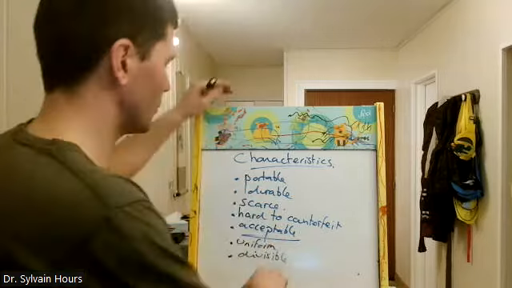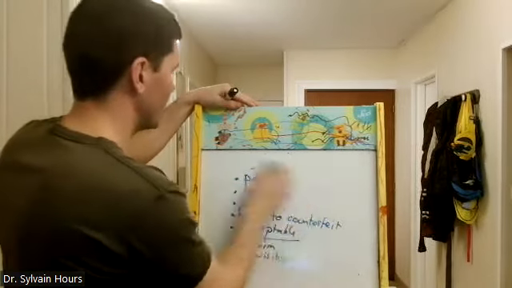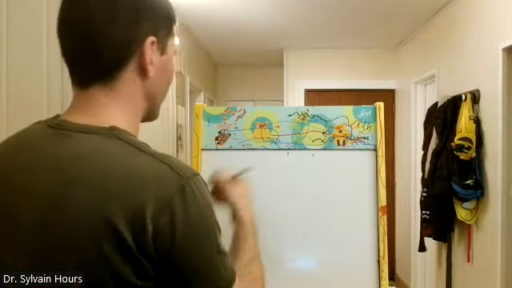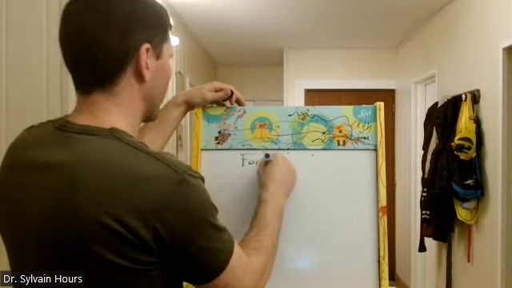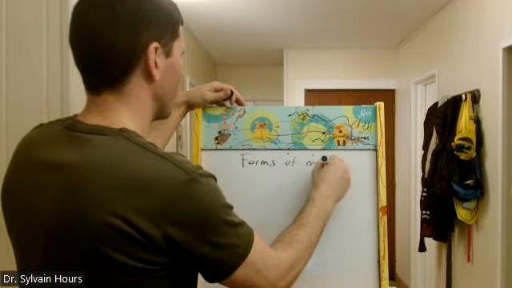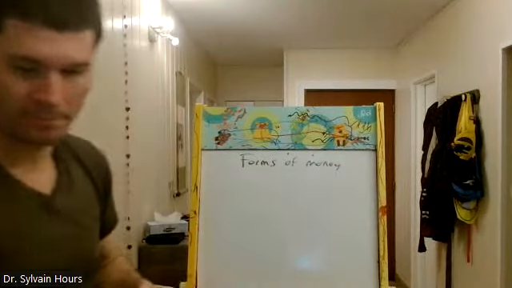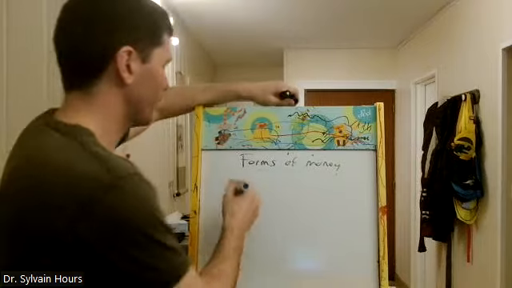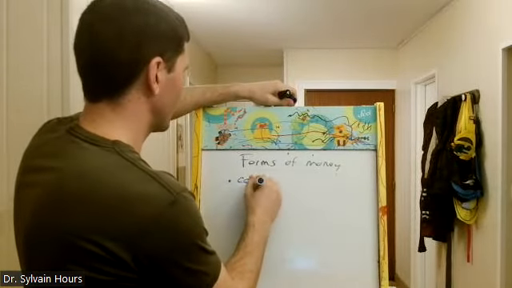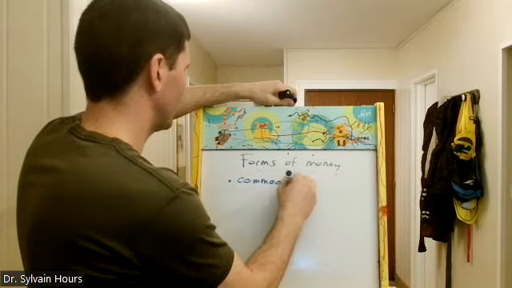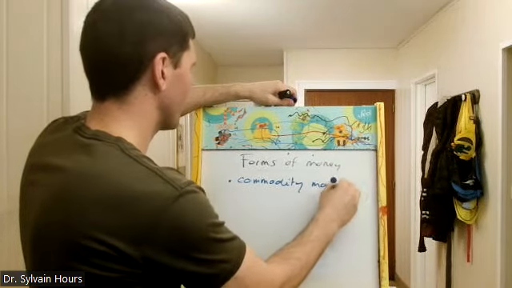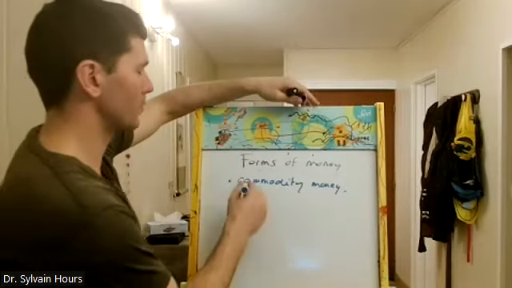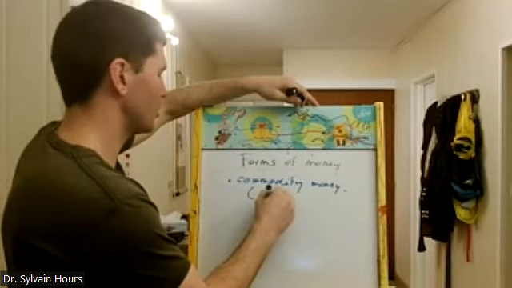Now, to conclude this video, we need to talk about the different forms of money, especially the way in which the forms of money have evolved over time. So in very primitive economies, the first forms of money were what we call commodity money. So we could use some commodities, for example shells.